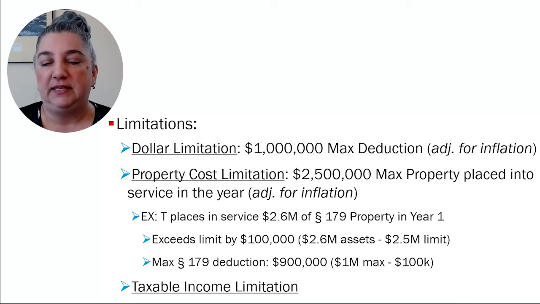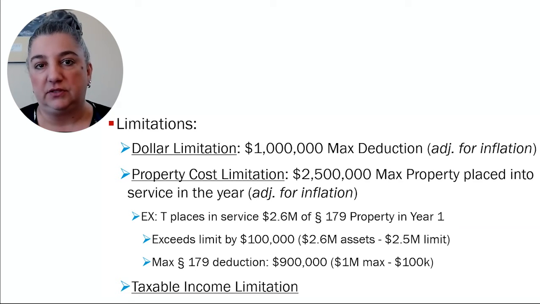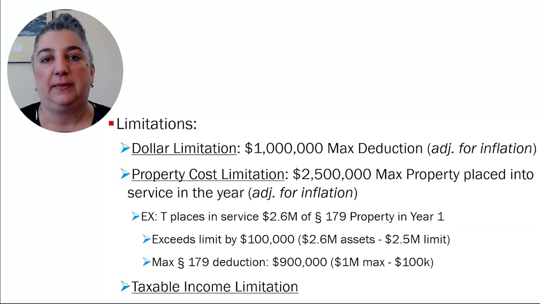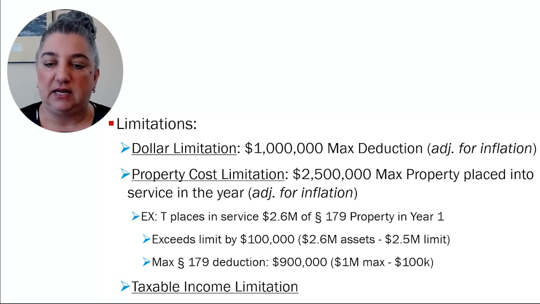So what that means is that $100,000 is subtracted dollar for dollar from the $1 million limitation, meaning that the taxpayer's Section 179 deduction would only be $900,000 rather than $1 million as it otherwise appears in the statute for tax year 2018.